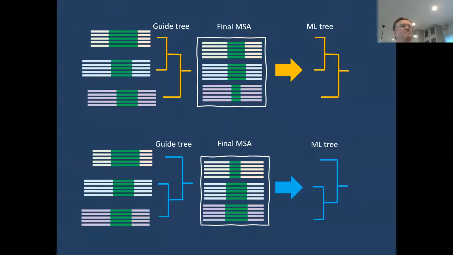So this is basically a picture to say what I just said in words. The maximum likelihood tree or the parsimony tree, whatever, may recapitulate the guide tree, and that's just an artifact of the way that the errors and gaps accumulated.